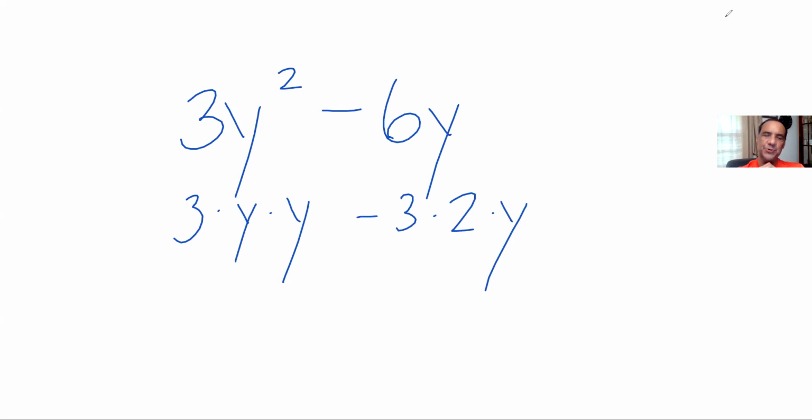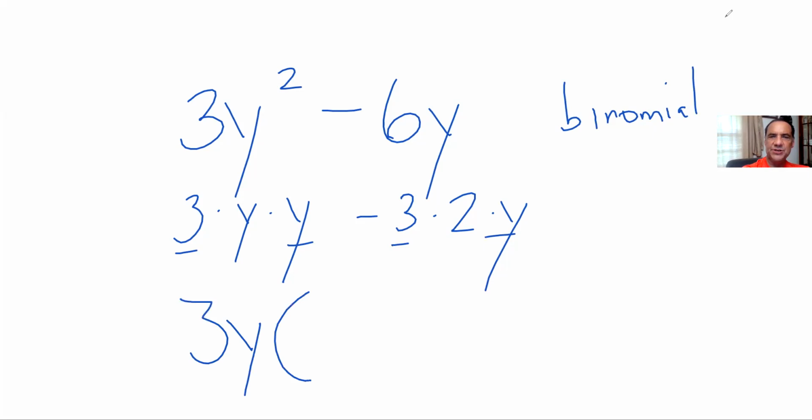Once again, this is a binomial, but if I want to write this as a distributive property, they both have 3 in common and a y in common. So I'm going to write this as 3y times the terms I have remaining, which is y and negative 2.